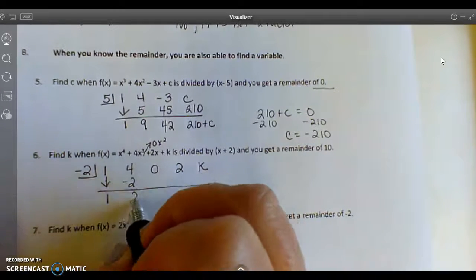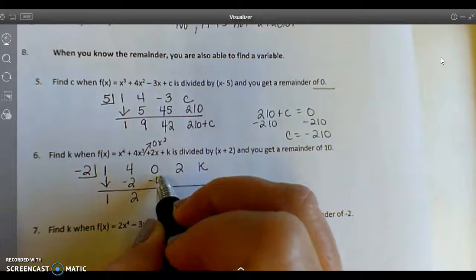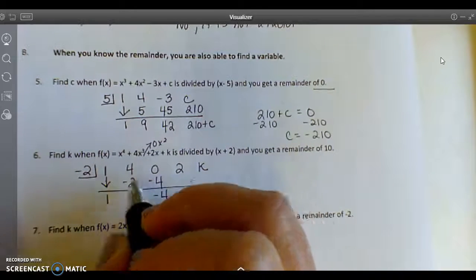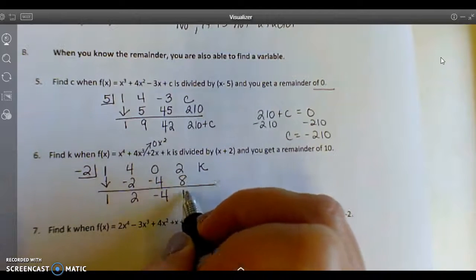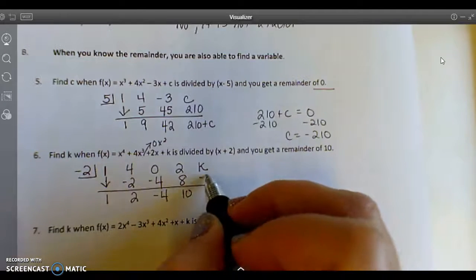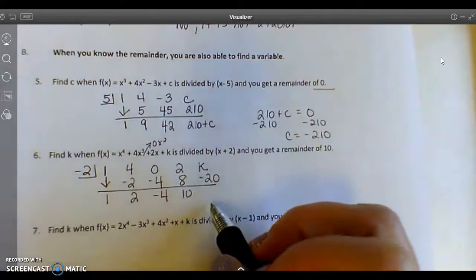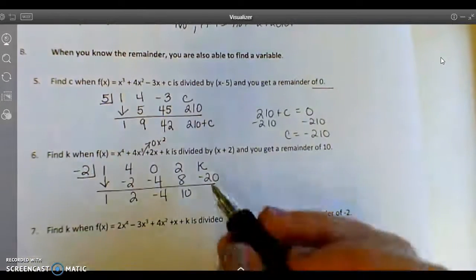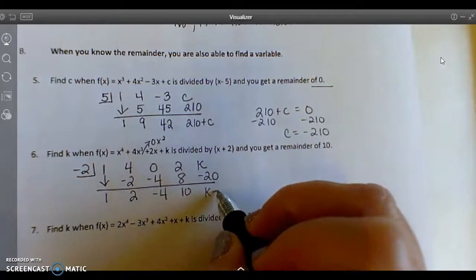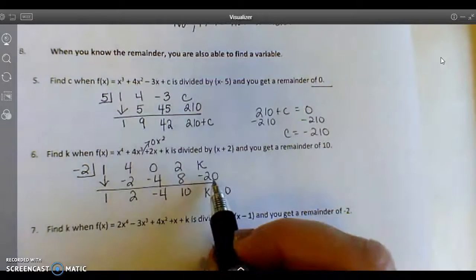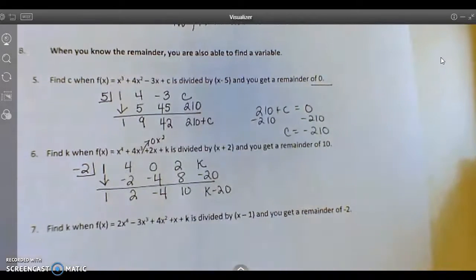Multiply, add. Multiply, add. Multiply, add. Multiply, and then here we're going to add again. Strange thing, you're just going to put them together, k minus 20, or negative 20 plus k, whichever way you want to write it.